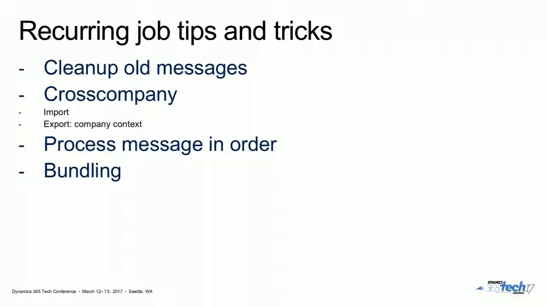So in AX 2012, let's say if you had 10 companies and you wanted to implement the asynchronous pattern, you had two options. Either schedule the job in 10 companies and create whatever 5 folders for each company in process, processing, and error.